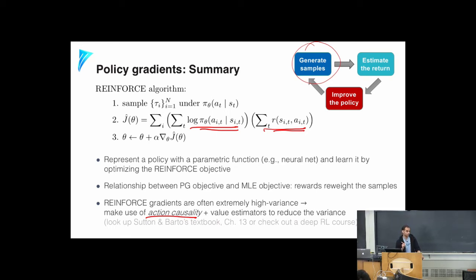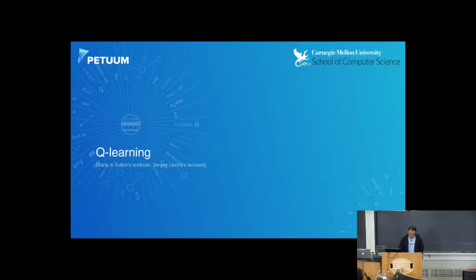We will not look into this in the lecture, just for the interest of time and also not to distract from the PGM part. But you're welcome to look up chapter 13 from Sutton and Barto's book, as well as check out the policy gradient lecture in any deep reinforcement learning course. There's one that we have here at CMU. All right, any questions so far?